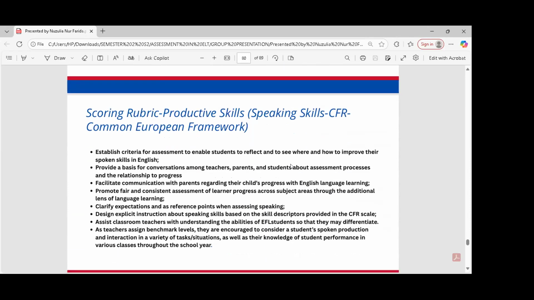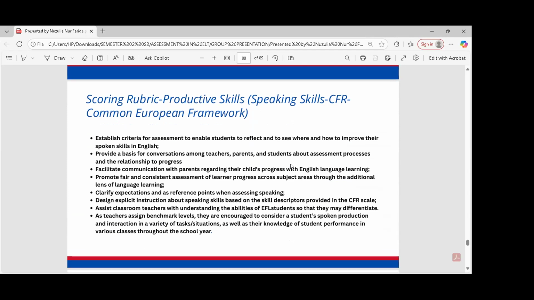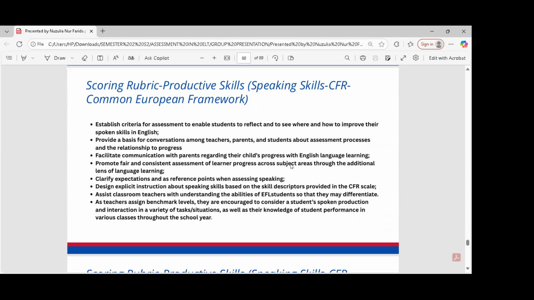So we will come to the really end phase of this discussion. It is about the scoring rubric for grammar, pronunciation, and vocab in speaking skills.